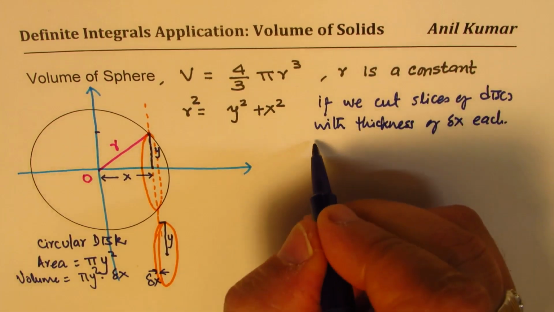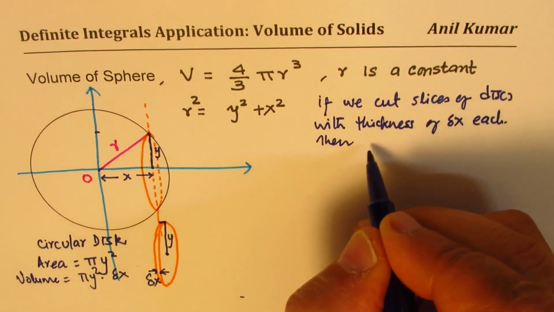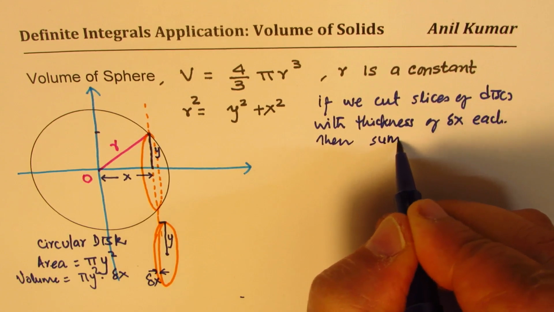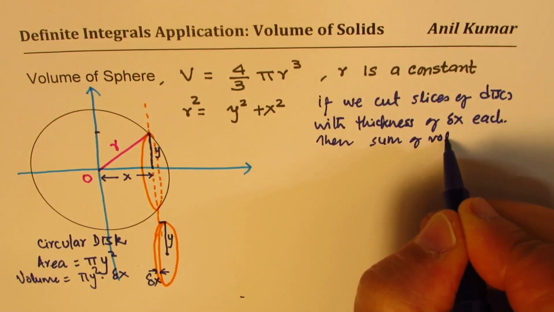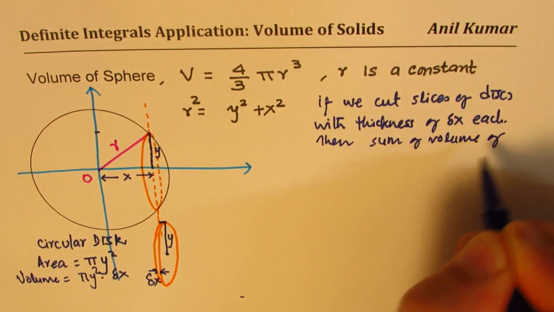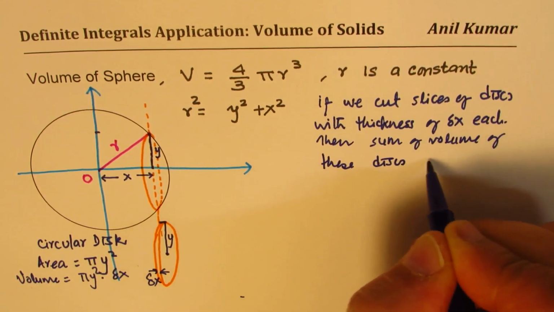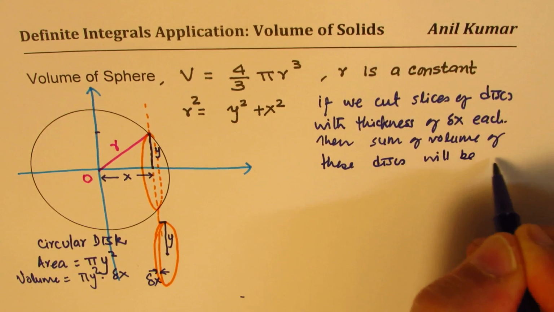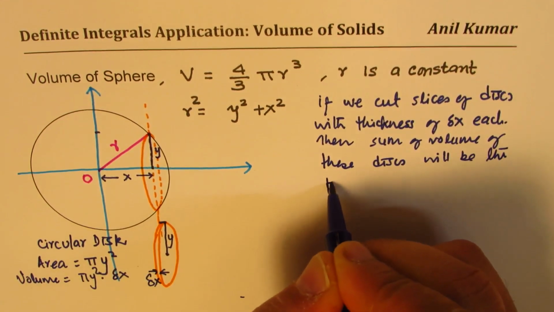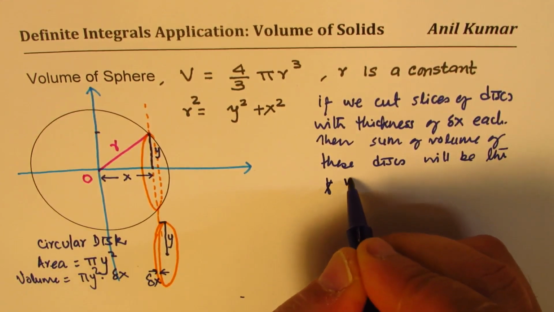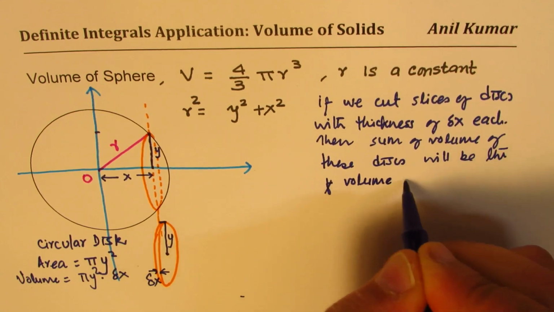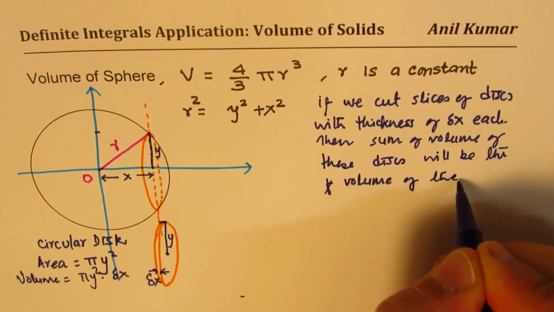Then the sum of the volumes of these disks will be the volume of the sphere.